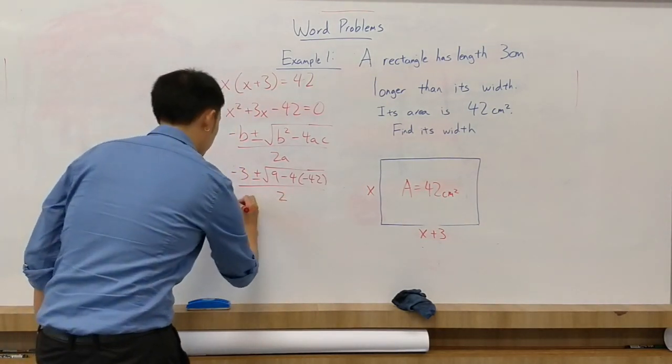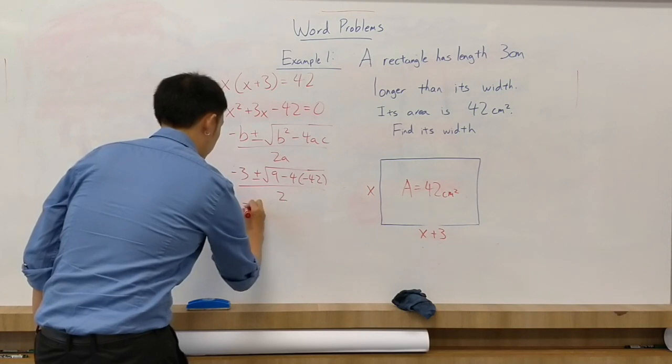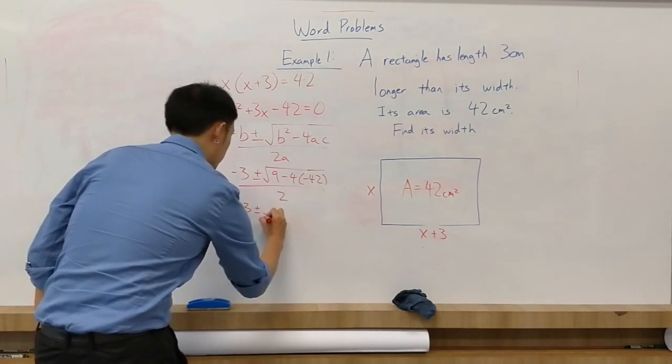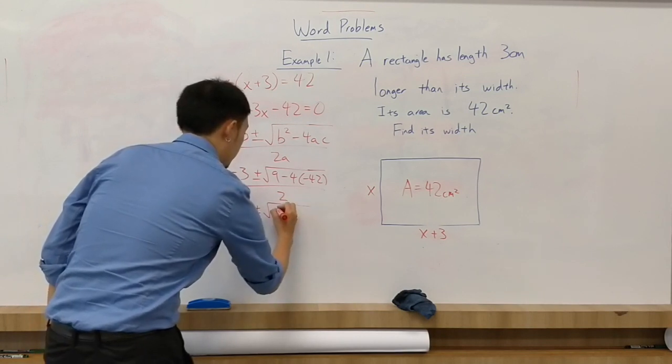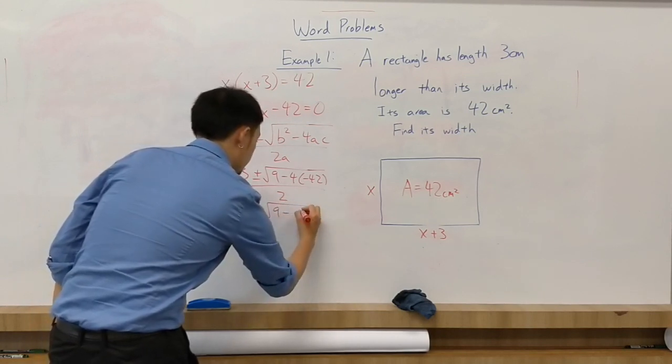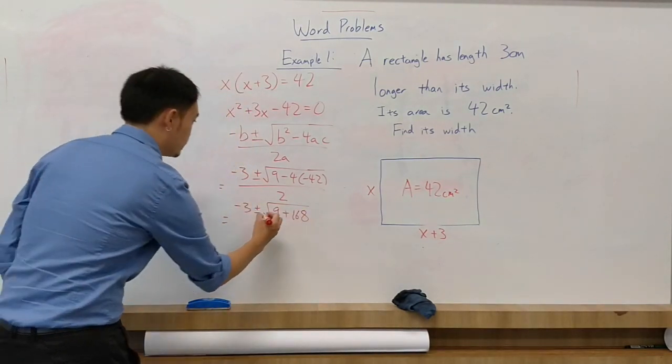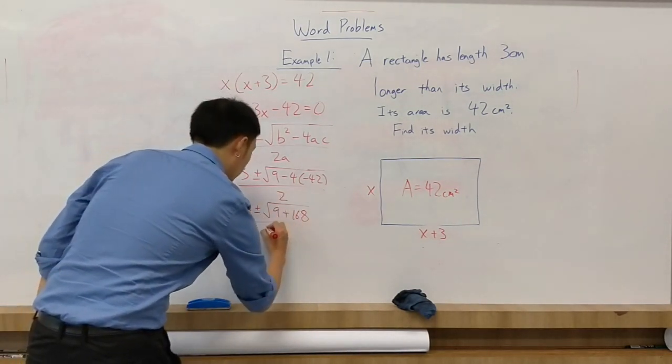Simplifying this further, we end up with negative 3 plus or minus the square root of 9 plus 168, all over 2.